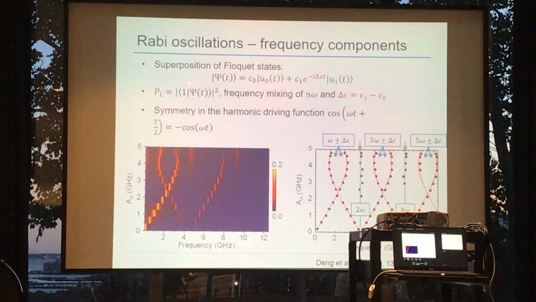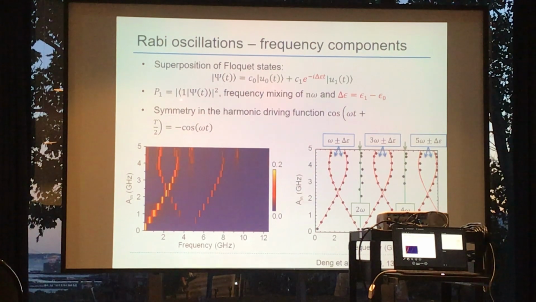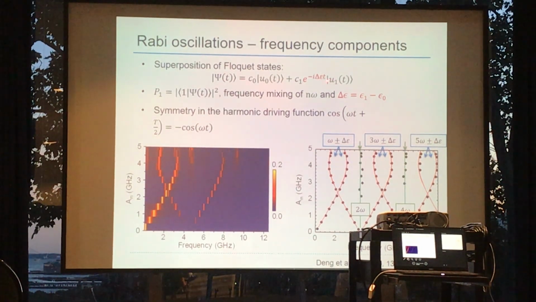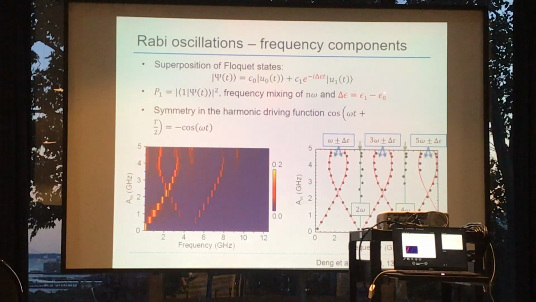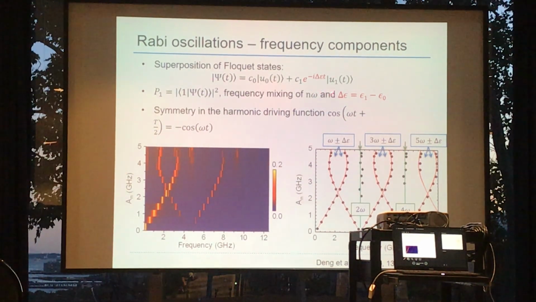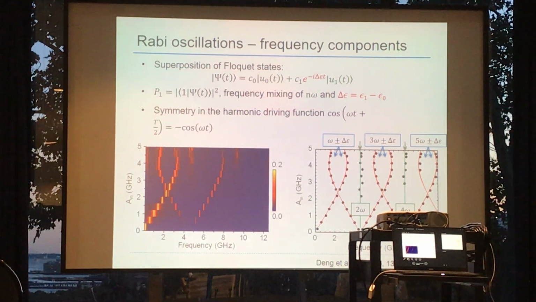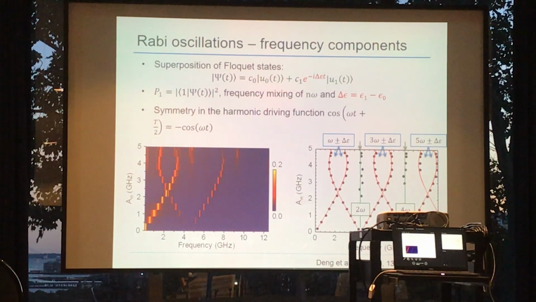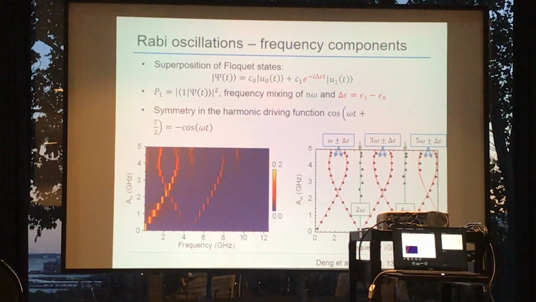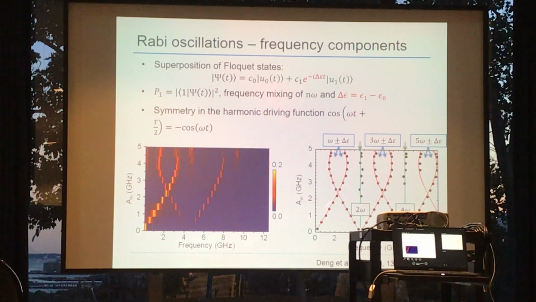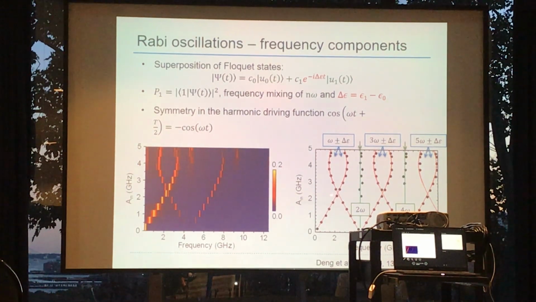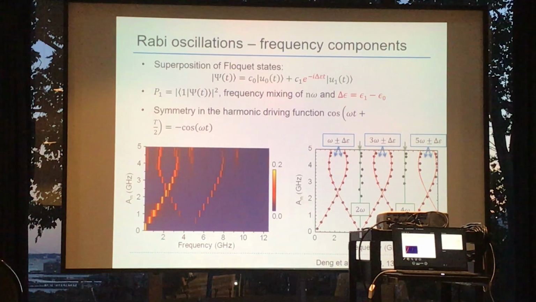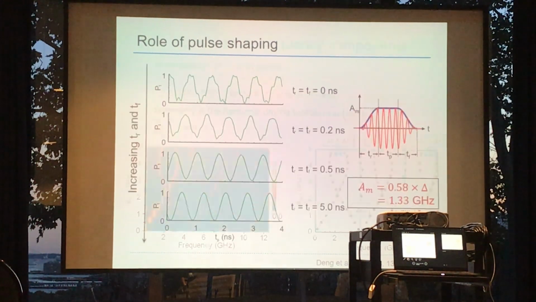When you take the scalar product, you can see there are some interference factors which involve the difference in quasi-energy between the two Floquet states, but also all the harmonics of the driving signal omega. When we compare the experimental results with numerical simulations, we see really clear agreement between the data, which are points, and these quasi-energy branches. So this provides a direct measurement of these quasi-energies for the driven system.